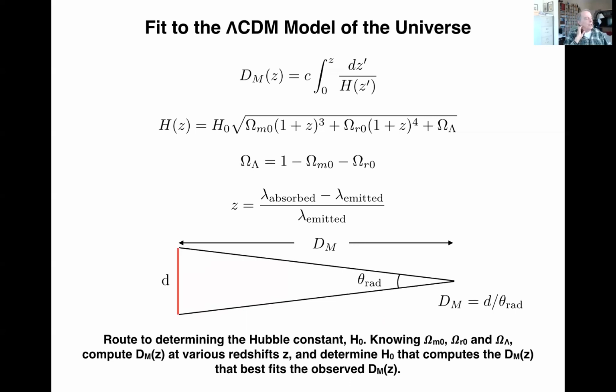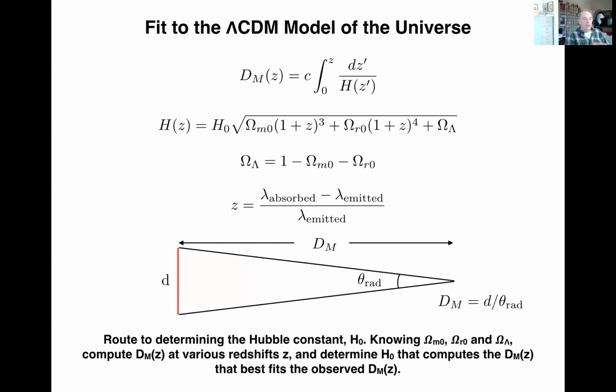Or, turning it around, if we compute the angular distance from that formula and compare it with the angular distance of some structure that we observe, whose actual physical diameter we know, and whose actual angle subtended in the sky we measure, we can compute the angular distance.